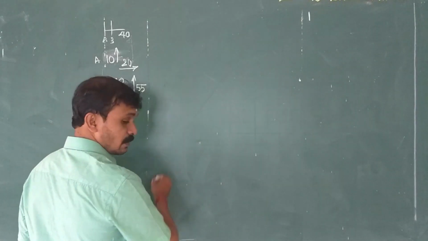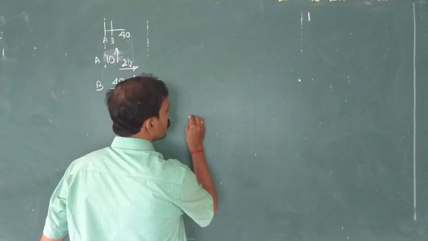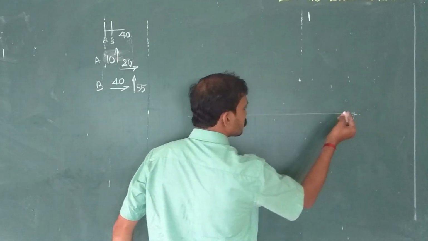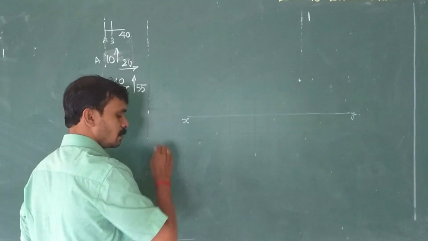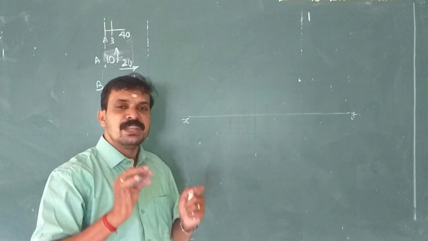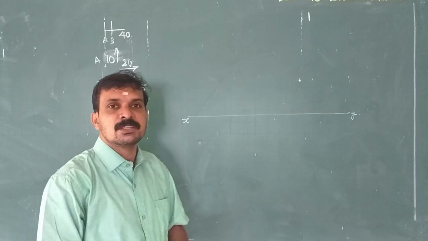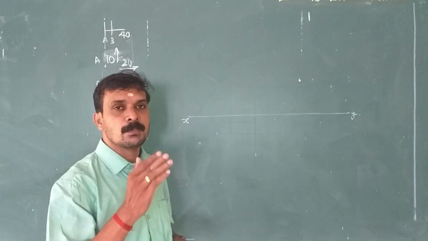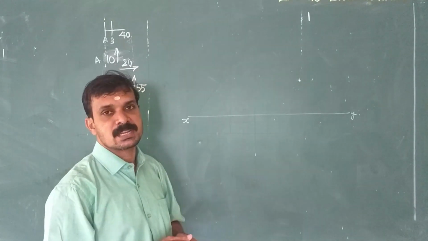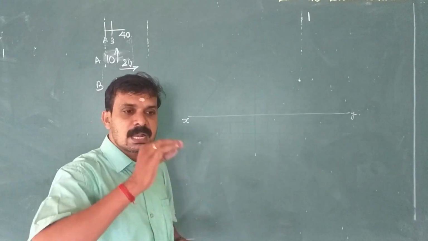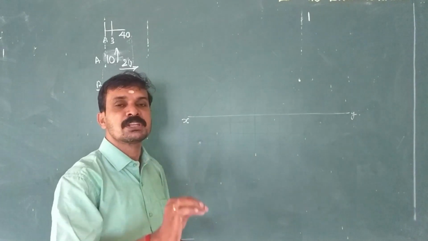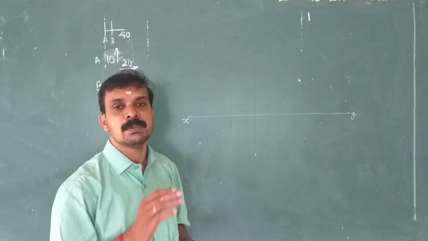We can start with the XY line. So draw the XY line. Whenever the distance between the two projectors and the location of both endpoints are given, we can completely draw the projections A dash B dash and AB.